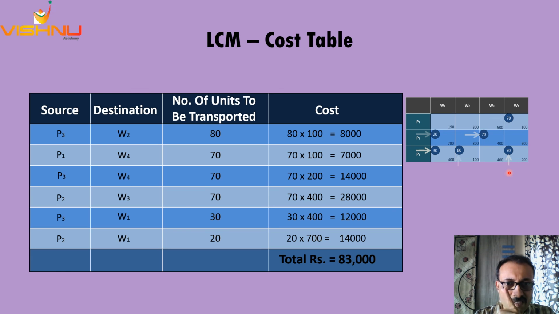Remember, the sum is the same. It's just a change or a difference in the method which has resulted in a difference in the total as well. So that's all about it under the LCM method.